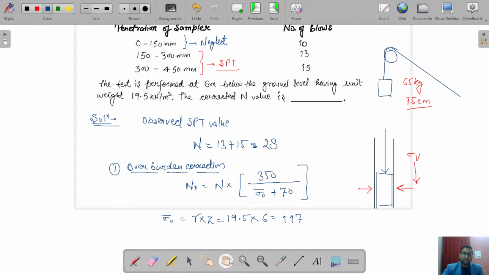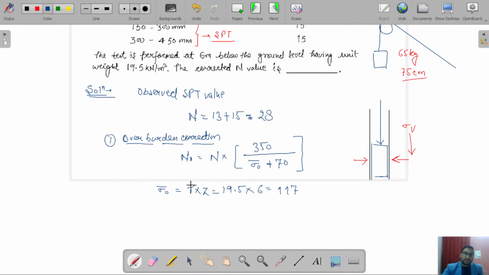So now if I calculate N corrected here, it will be 28 into 350 by sigma naught bar, which is 117 plus 70. Can you give me the value of N corrected? Yes, Riya.